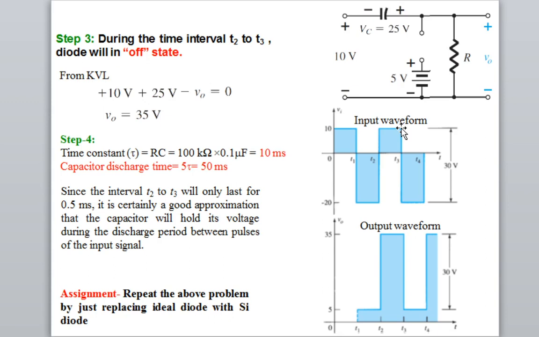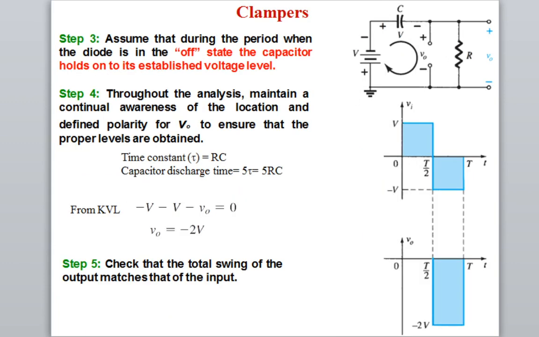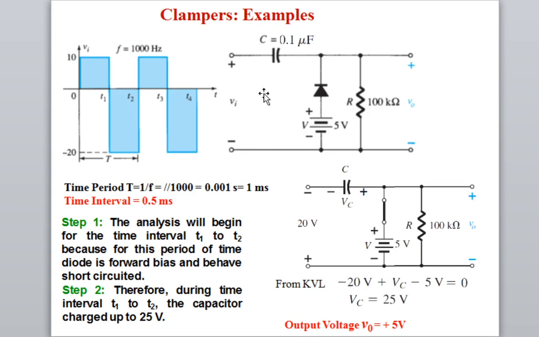I have discussed steps 1, 2, 3 and 4 with the diode assumed as an ideal diode. Now I have written an assignment for you. It is the same problem, with the same values of resistance, capacitor, everything, and the same input signal.